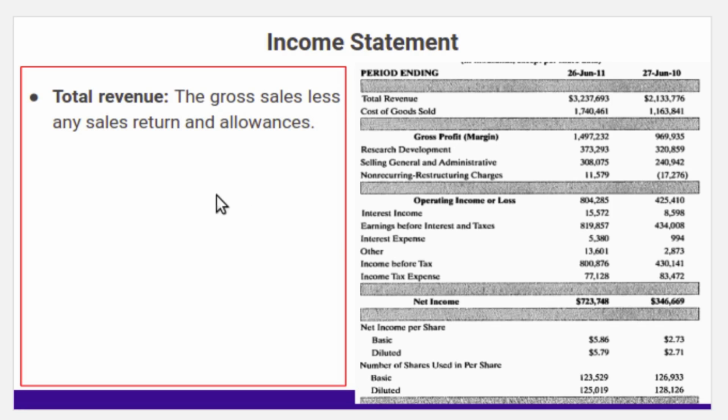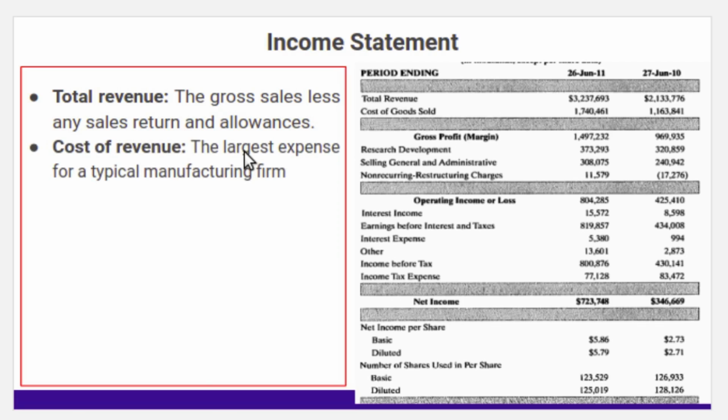The largest expense for a typical manufacturing firm is its production expenses for making a product, such as labor, material, and overhead. That is called the cost of goods sold or cost of revenue.